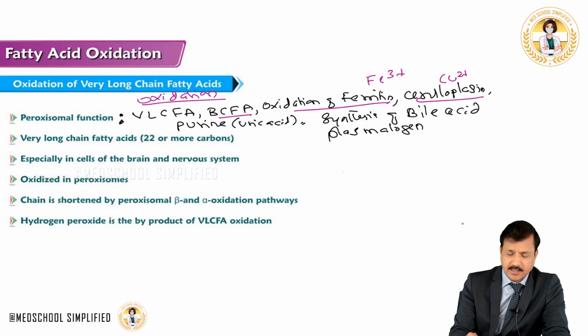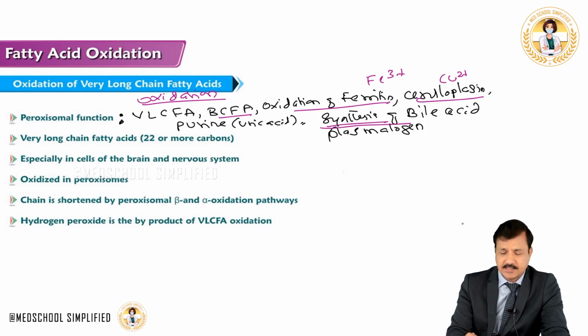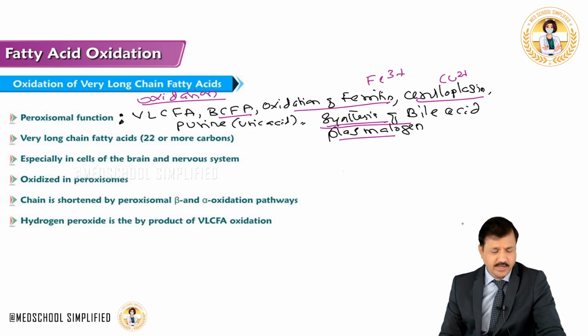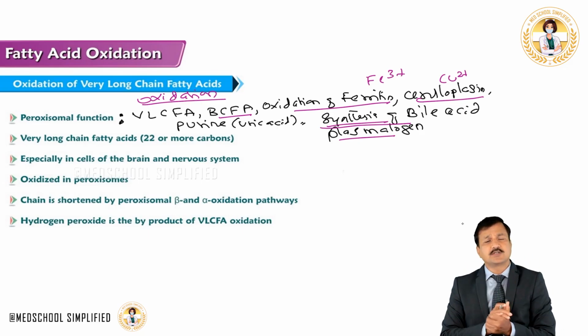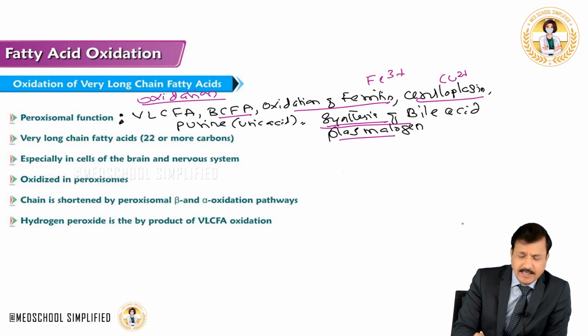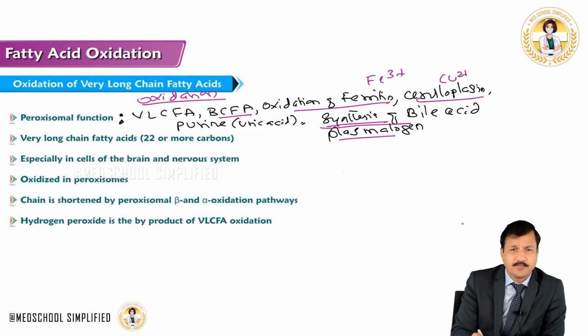Now I am giving you the synthesis functions: synthesis of bile acids and synthesis of plasmalogens. All this is going on in the peroxisome. These are some of the functions of peroxisome, and also peroxisomes are involved in the detoxification process.